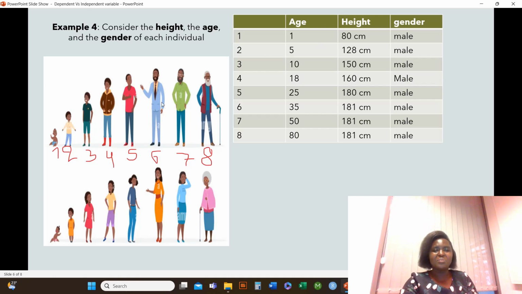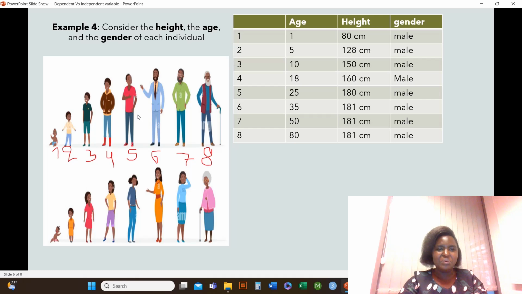Then if we go through each and every one, we will get different values for age. In this case, we consider age to be a variable because it takes different values.